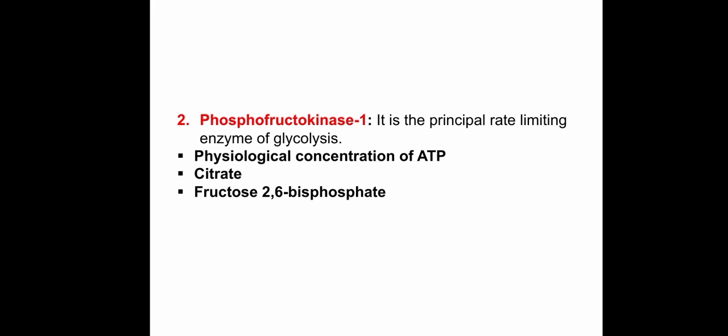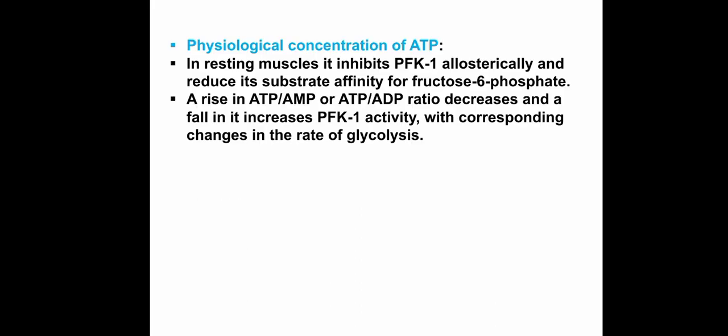The regulatory factors of phosphofructokinase 1 are: one is the physiological concentration of ATP, one is citrate, and one is fructose 2,6-bisphosphate. In resting muscle, the concentration of ATP inhibits phosphofructokinase 1 allosterically.